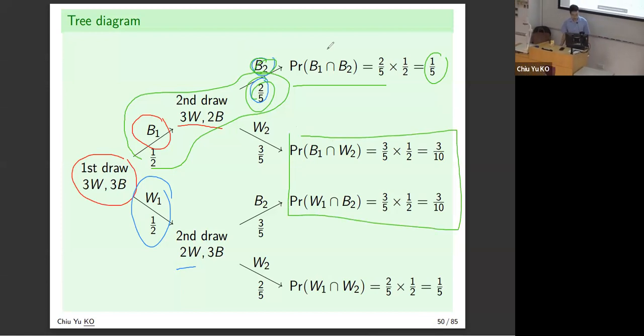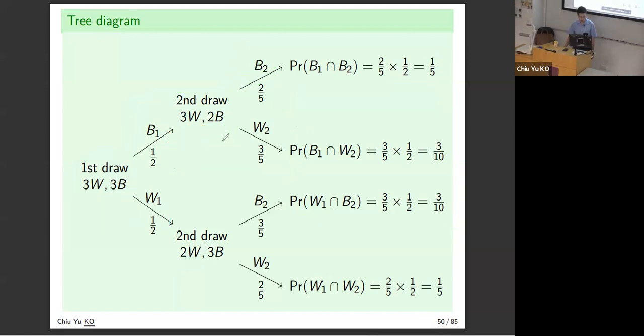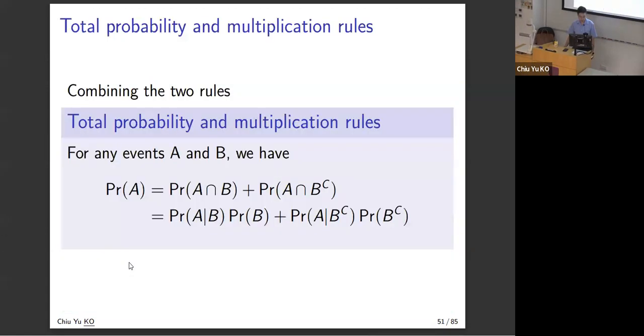But anyway, so here is the last rule, I guess. Probably the last rule we learn is that we just combine the 2 rules. Here you just apply the conditional multiplication rule to the addition total probability rule.